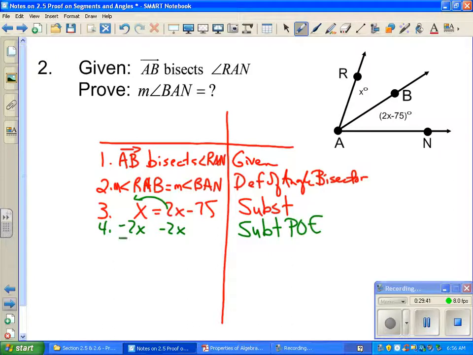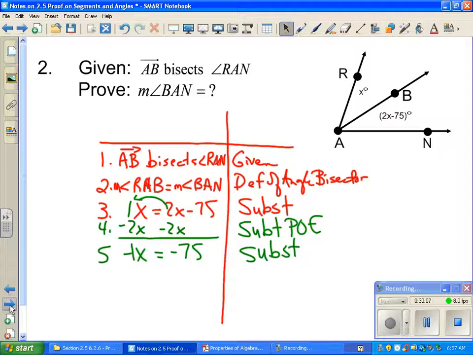Now, once you do your subtraction, you may find it helpful to put this 1 in front of that x, so you can do 1 minus 2. That comes out negative 1x, and I bring down the negative 75. I've replaced the first column with that answer, so I have substituted in the answer to replace the two terms of x.